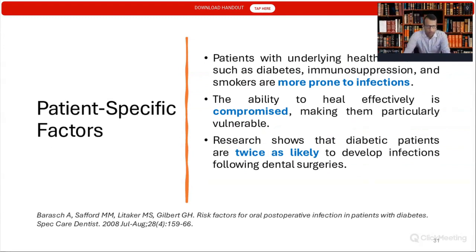Now, patient-specific factors also play an important role in causing post-op infections. If the patient is compromised, if the patient is diabetic, definitely it's nothing related to your dentistry, but there are higher chances of getting infection.